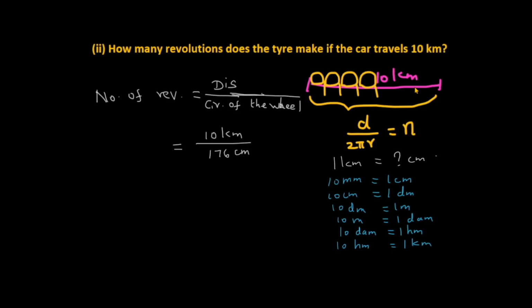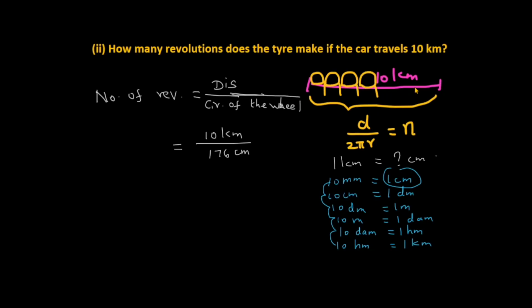So 1 kilometer is equal to 10 into 10 into 10. How many times should we multiply to get centimeter? 1, 2, 3, 4, 5.